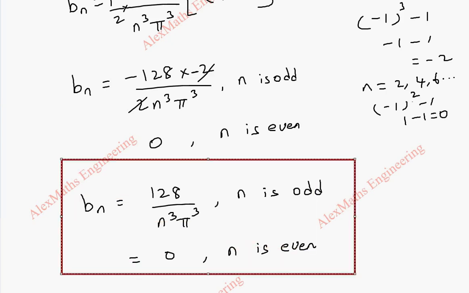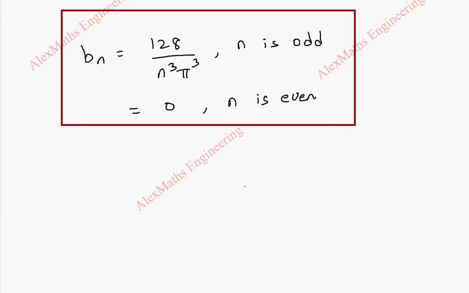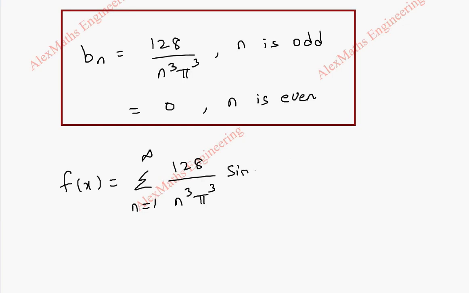This we are going to substitute in the expansion formula, that is f of x equal to summation n equal to 1 to infinity Bn, which is 128 by n cube pi cube, into sine n pi x by 4.